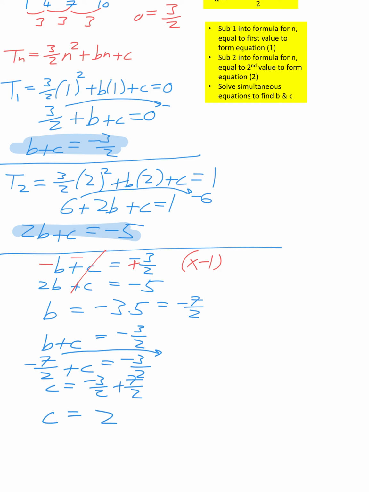So minus 3 over 2 plus 7 over 2 equals 2. So that means we have our answers now for c and for b. So let's put these back into the formula. So we'll have Tn equals 3 over 2 n squared, which we had already. b now is minus 7 over 2. So minus 7 over 2 n, and then plus c, so plus 2. And there's our final answer.